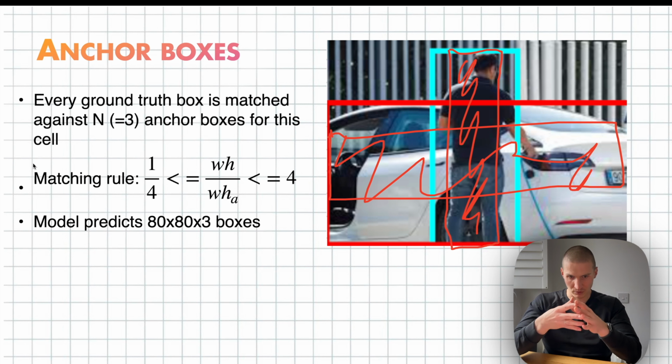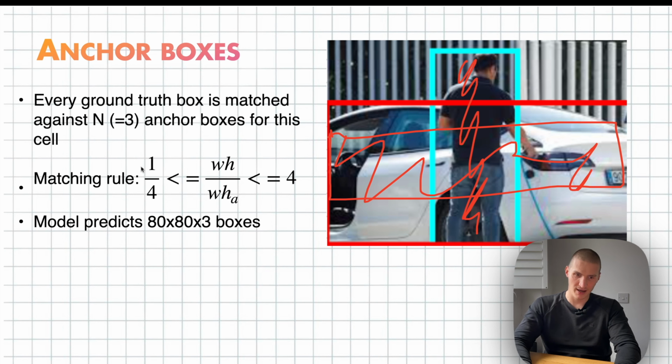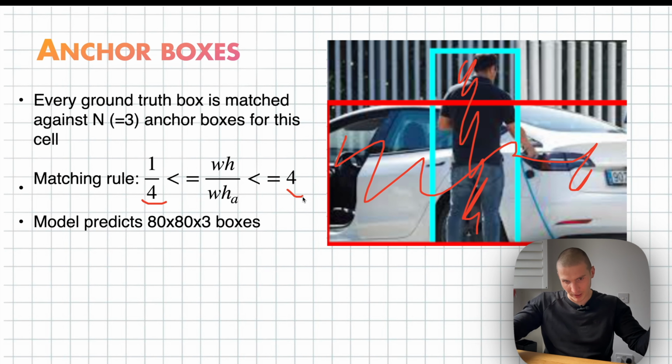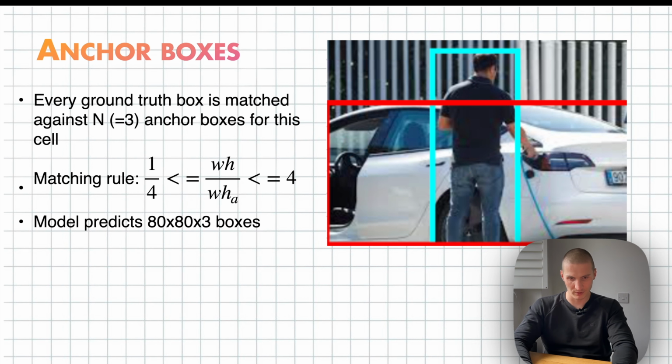But the actual matching rule is quite wide, so we take the width or height of an object divided by width or height of the anchor, and that ratio can be from 0.25 to 4. So it's quite a wide range of possible matches that we can have.